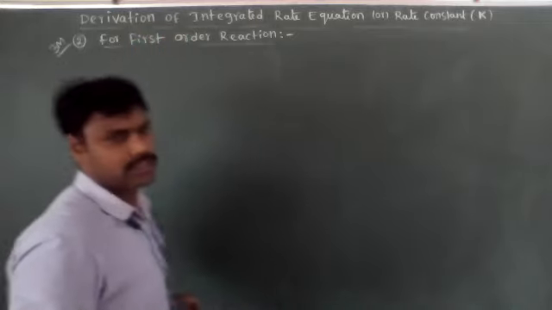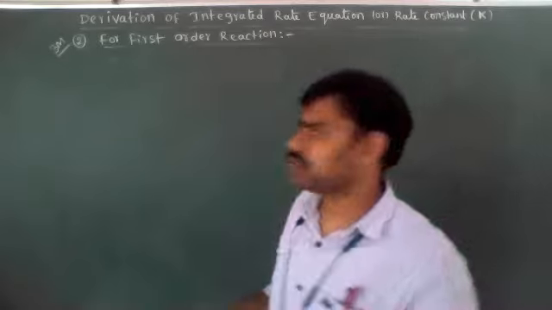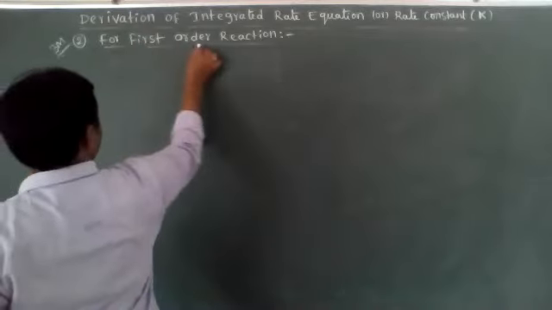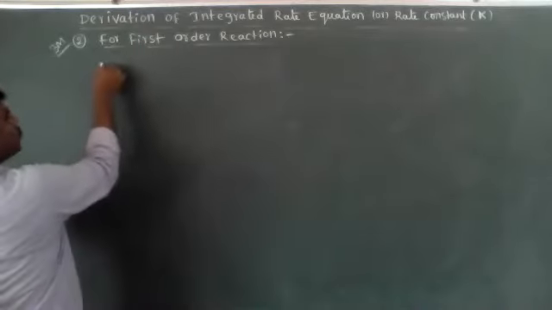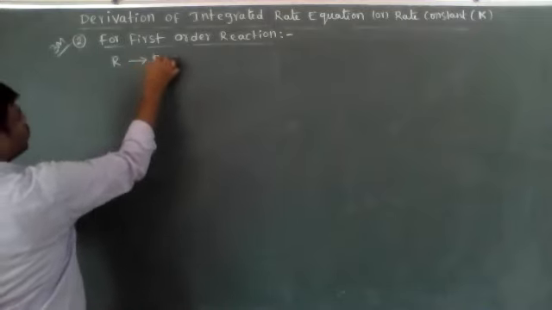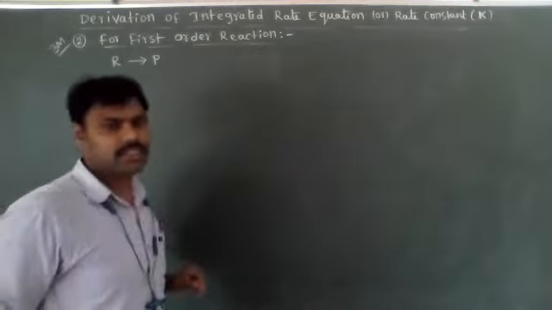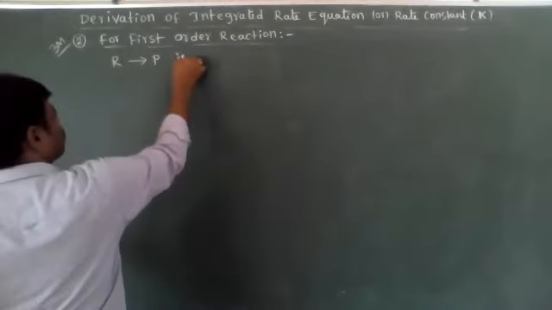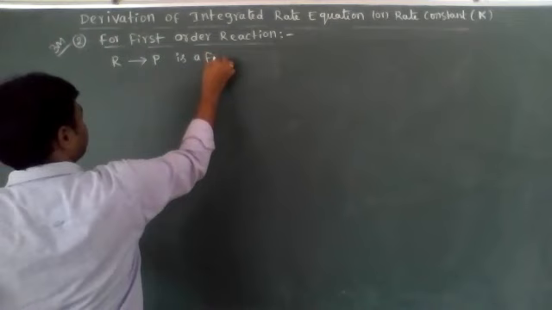For a first order reaction, we need to discuss the derivation of K. Consider a chemical reaction, dear students. Let's see the first point. The reactant is converted into product. This is a first order reaction.